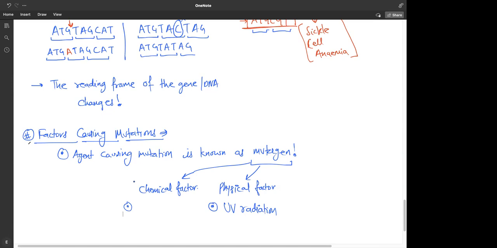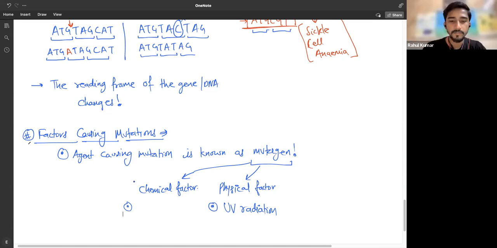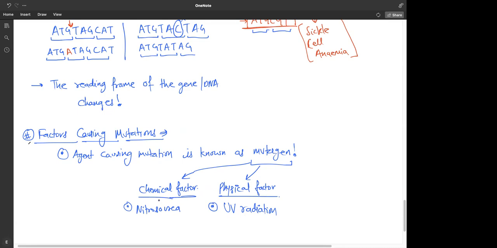Yes, sir. So any idea what is a chemical mutagen? Have you heard of this? There's something called nitrosourea. Okay. Write down. Nitrosourea is a chemical mutagen which can cause mutations. Is it clear? Yes, sir.